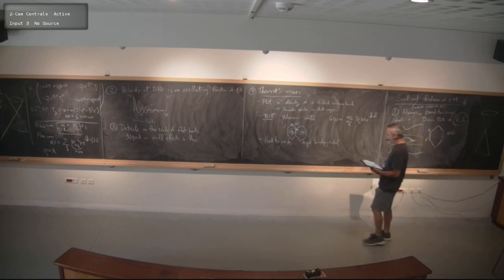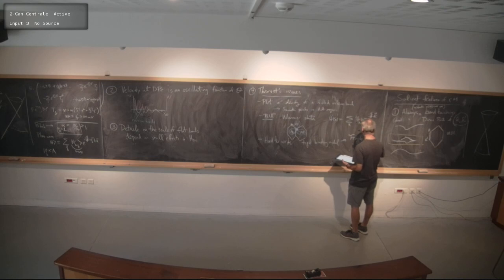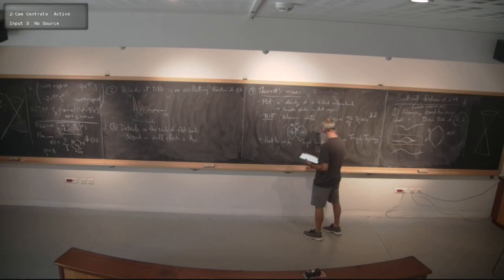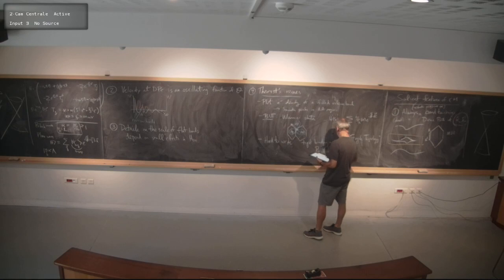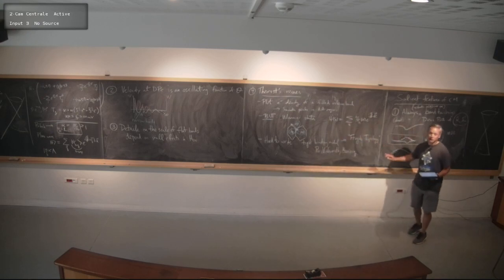This goes under the name of, as far as I can tell, a not very well-defined thing, fragile topology. A lot of famous people, including this young guy, Adrian Po, Ashvin Vishwanath, Andrei Bernevig, are writing a lot of papers about this, telling you basically it's hard to write a tight binding model.